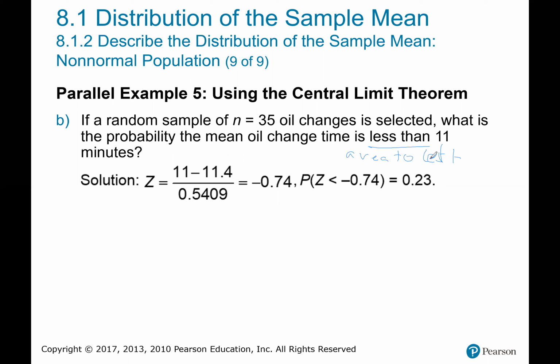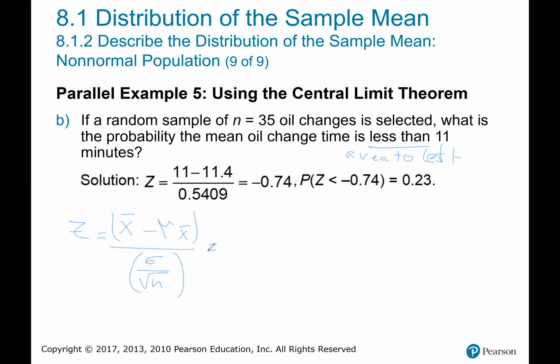So again, guys, the formula for the z-score is X bar minus the mean of X bar, over the standard deviation of the population divided by the square root of the sample size. Again, guys, make sure you put the numerator and denominator in parentheses.